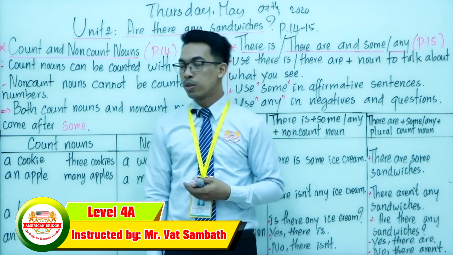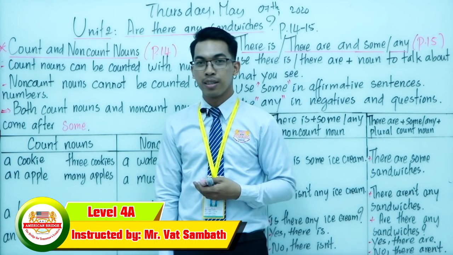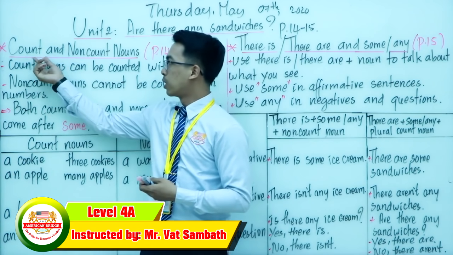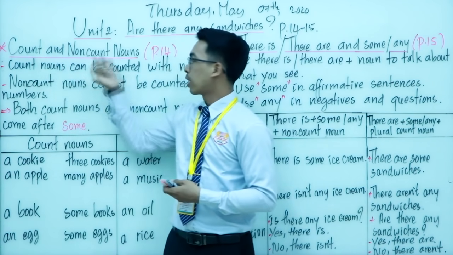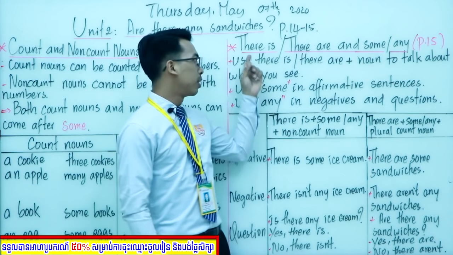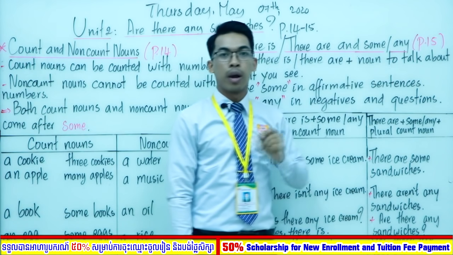So today you're going to learn about two objectives. The first objective is about count and non-count nouns, and the other objective is about there is, there are, and some or any.